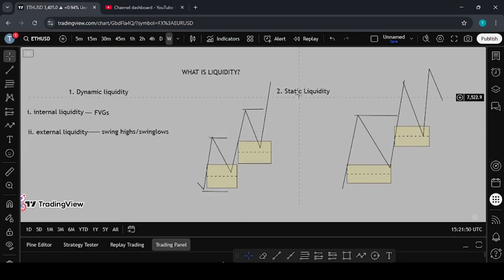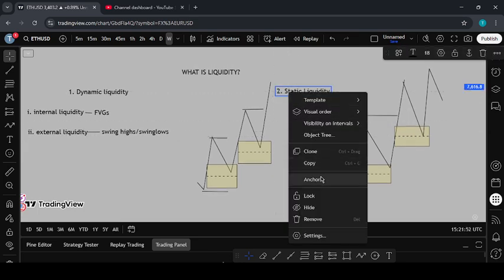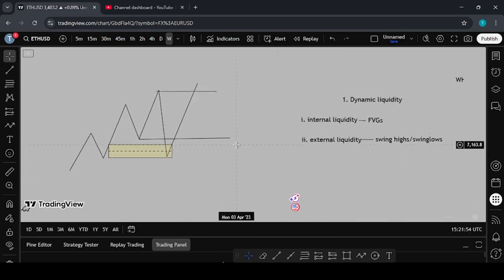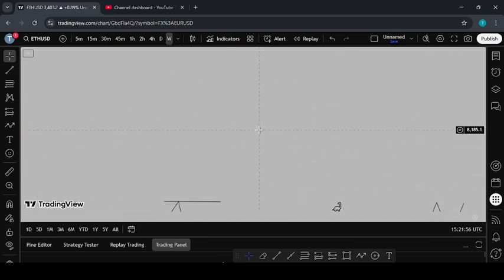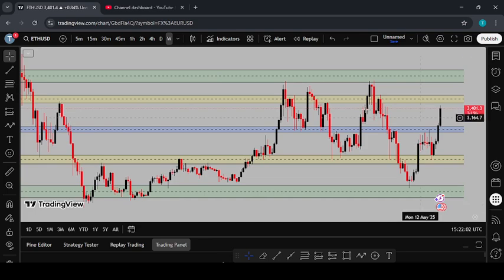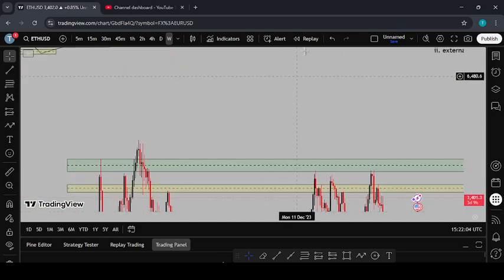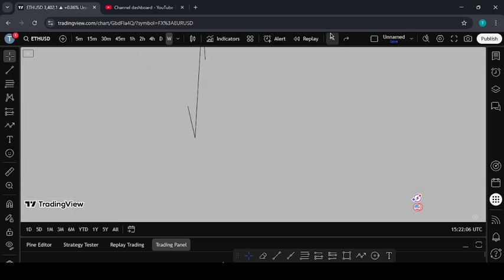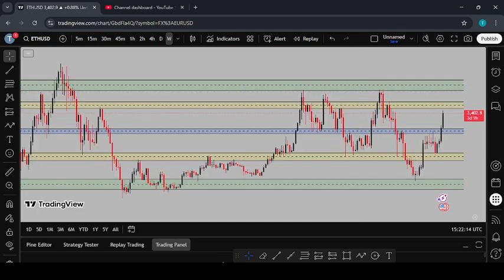It's quite simple. Okay, let me copy this. For static liquidity, that is where it is more technical. No, I'm not resetting the price view. Go back. Okay, I'm trying to map out. Oh my god, I just went away from this. It's the ETH chart.